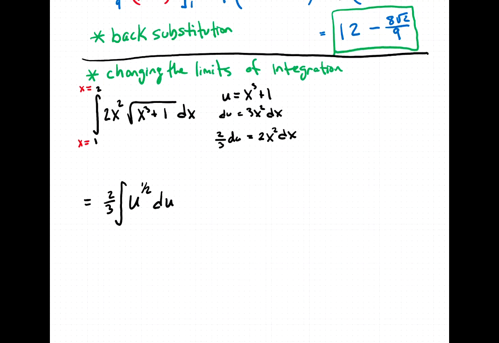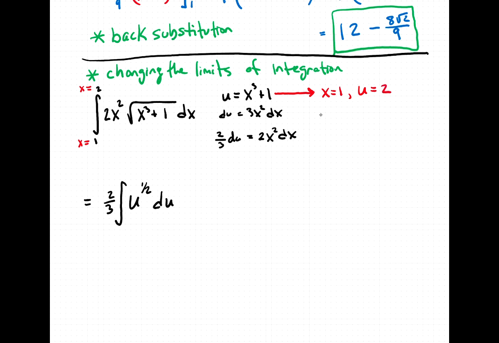So what we can do here is use the fact that u is equal to x cubed plus 1. When x is equal to 1, u is equal to 1 cubed plus 1. We're basically plugging in 1 for x and solving for u, so u is equal to 2.